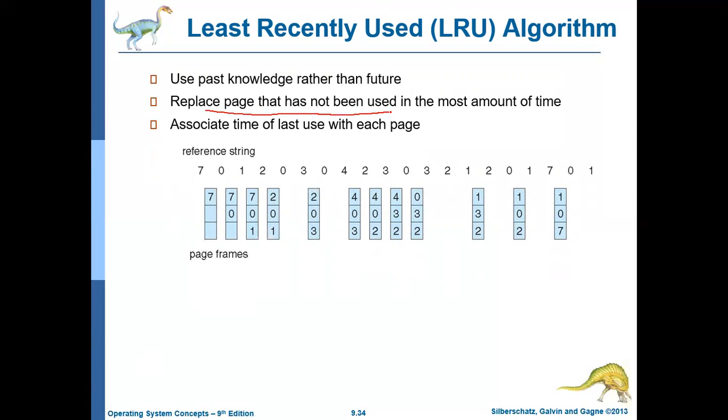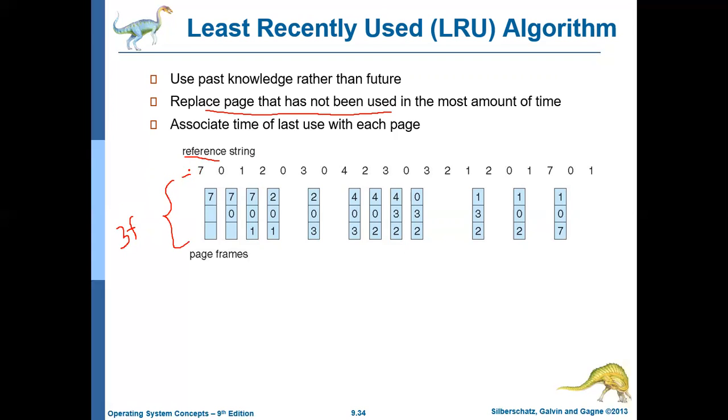So whichever page is not recently used, replace that page. Okay, because it is more likely that the page that is recently used will be required in the future also. So let us take the same example and let us assume there are 3 empty frames, and let us try to understand the performance of LRU, least recently used page replacement algorithm.